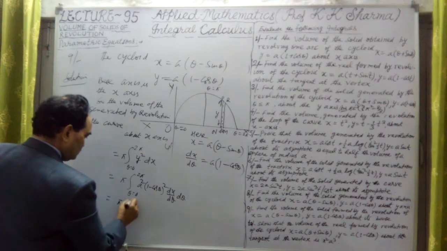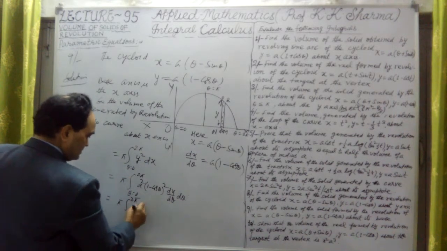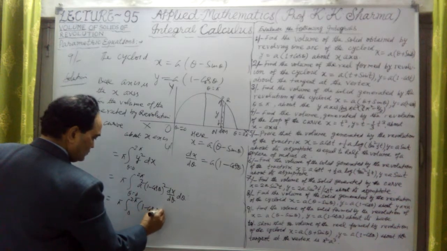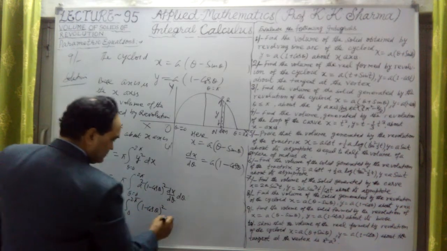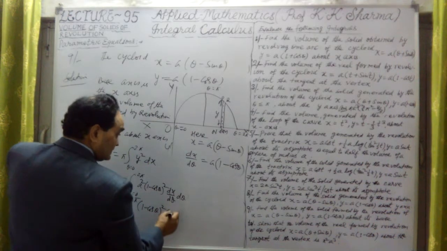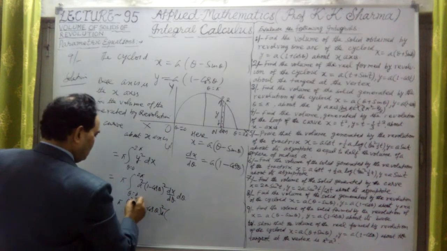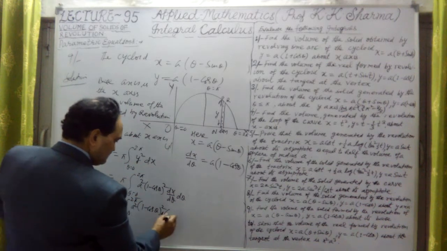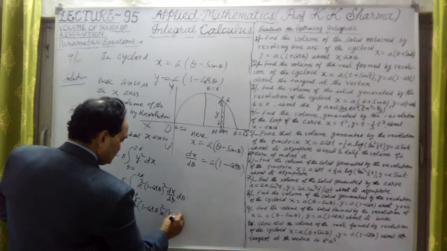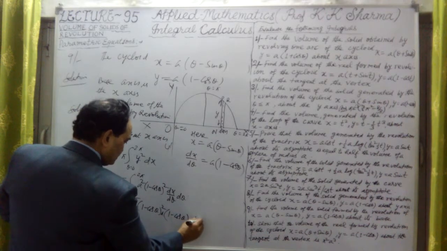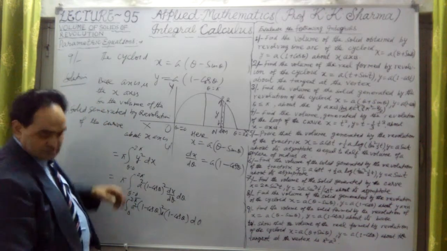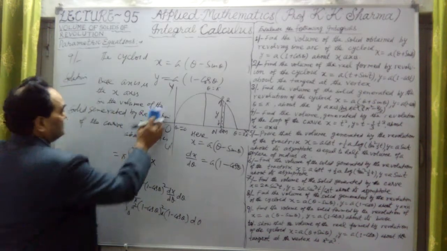Pi, limits 0 to 2 pi. This is 1 minus cos theta whole square into dx by d theta, which is a into 1 minus cos theta, the same value, into d theta, and so we have a square left.